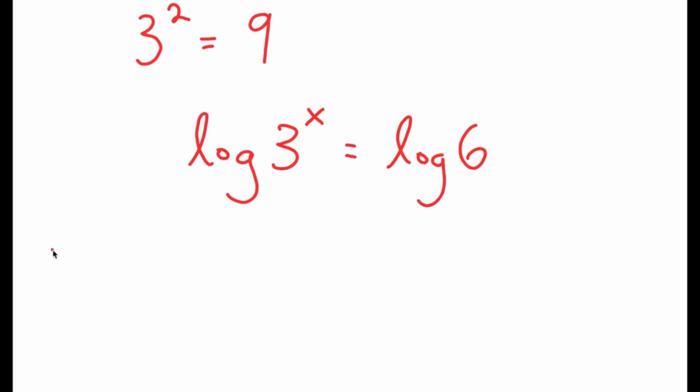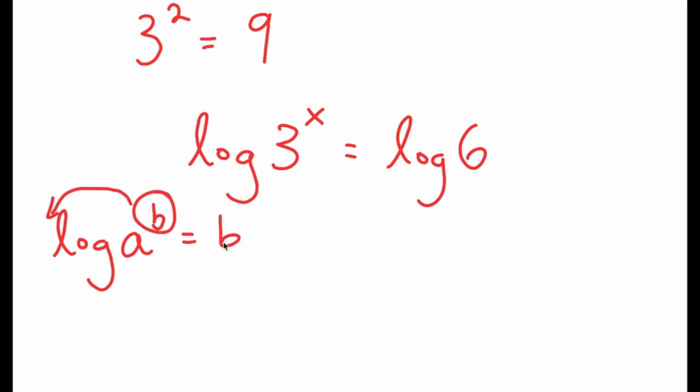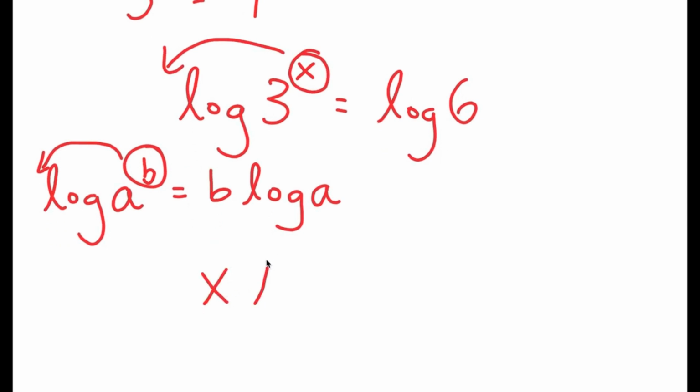From here, if I have something in the form log a to the power of b, I can move this exponent b to the front. So this turns into b times log a. So I have log 3 to the power of x, and I can move x to the front. So I get x times log 3 is equal to log 6.